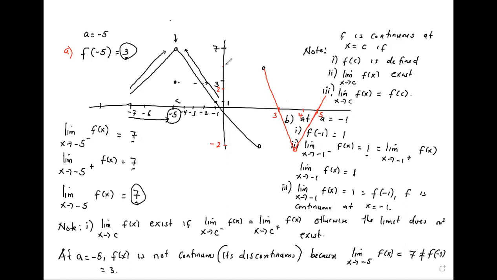And that one is 4. And then this is 1. Then now they ask, what is happening at 1? So we want to check at a is equal to 1. So first thing is, well, what is f of 1?